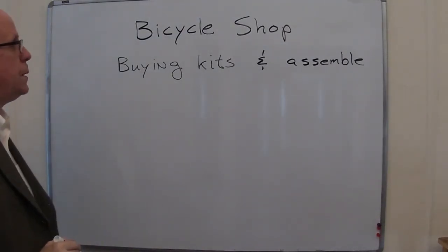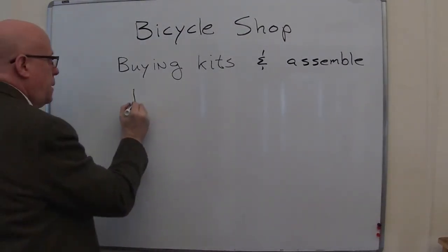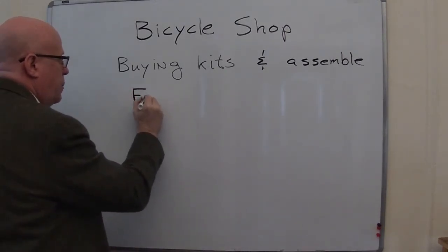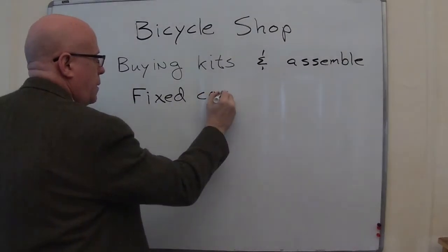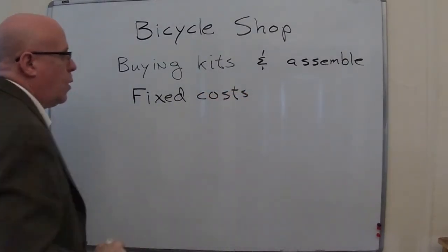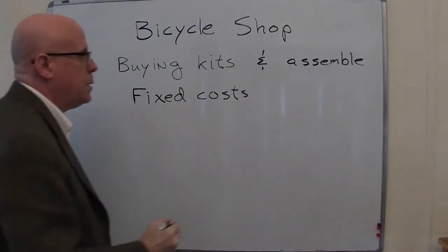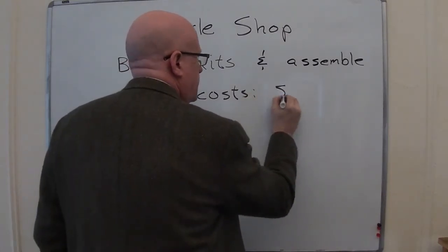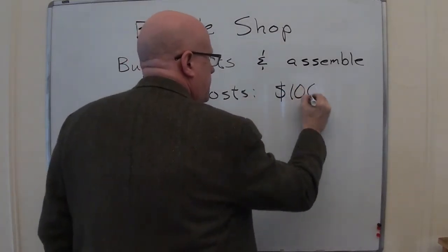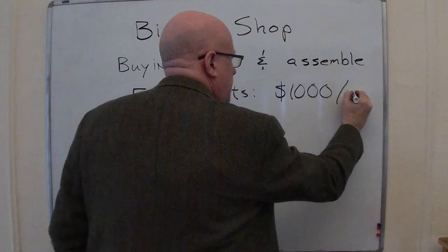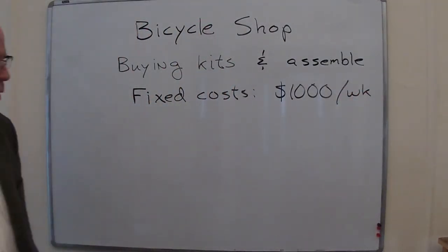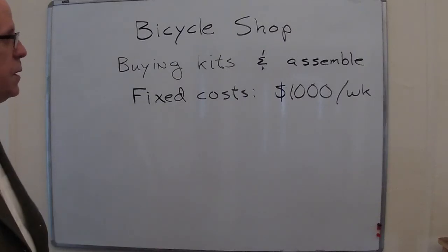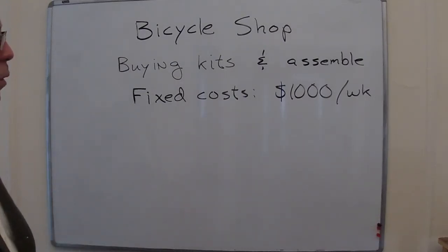In this case, just for round numbers, I'm going to say the fixed costs of this business are about $1,000 a week. That includes the utility bills, the rent on the facility that they assemble the kits in, and paying the workers.